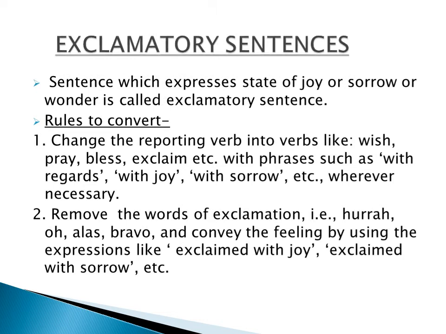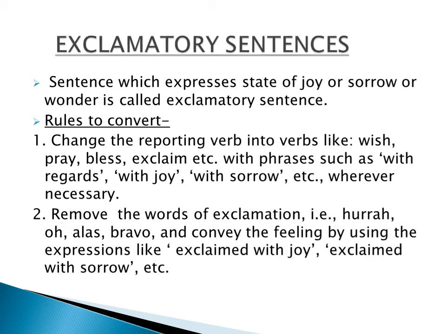Now we have exclamatory sentences. What do you mean by exclamatory sentence? A sentence which expresses a state of joy or sorrow or wonder is called an exclamatory sentence. Some rules to convert it. Change the reporting verb into verbs like wish, pray, bless, exclaim, etc. with phrases such as with regards, with joy, with sorrow, etc. whenever necessary.